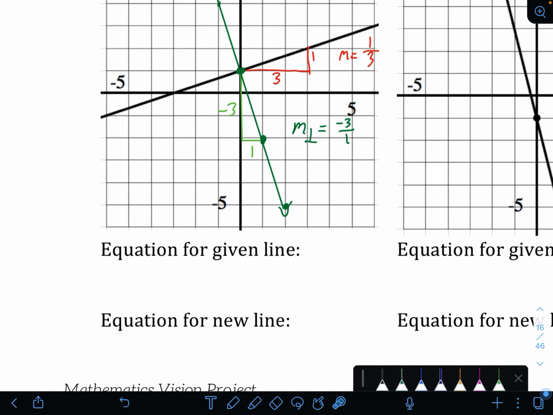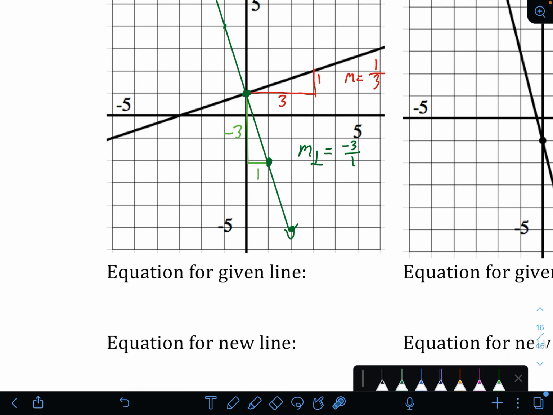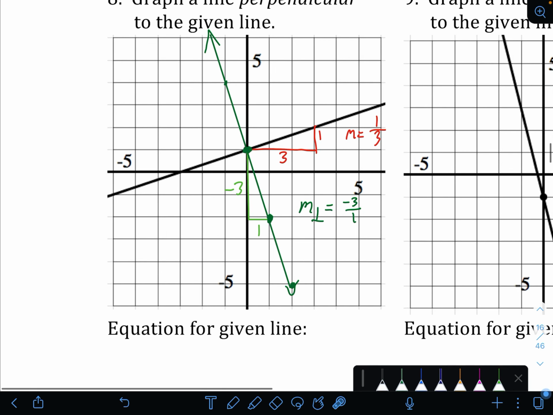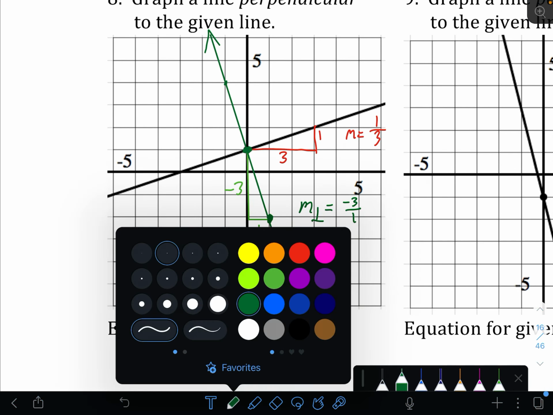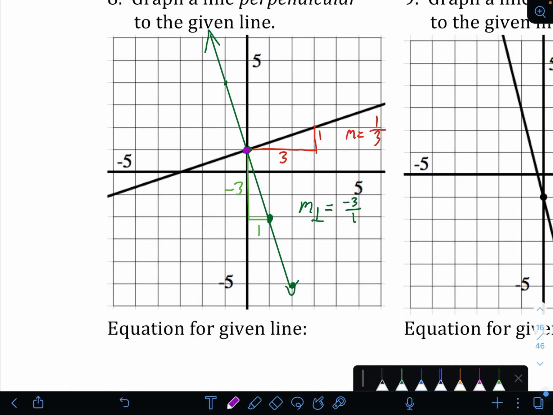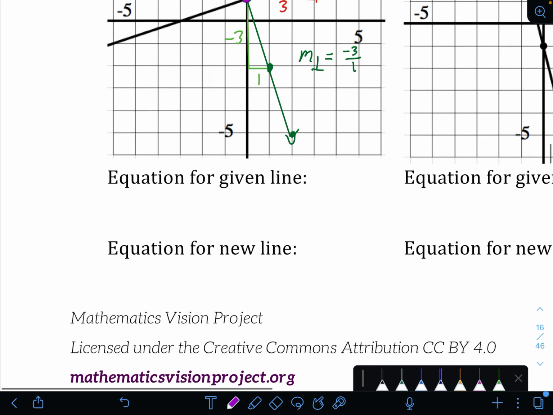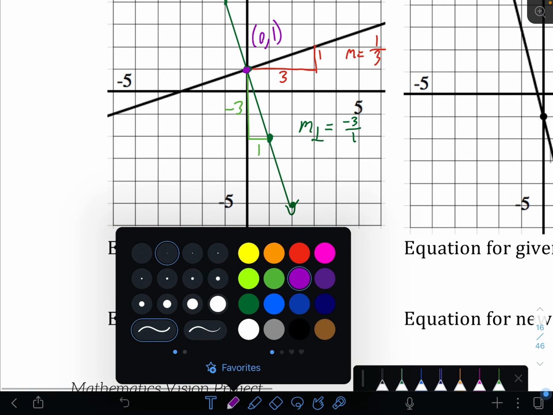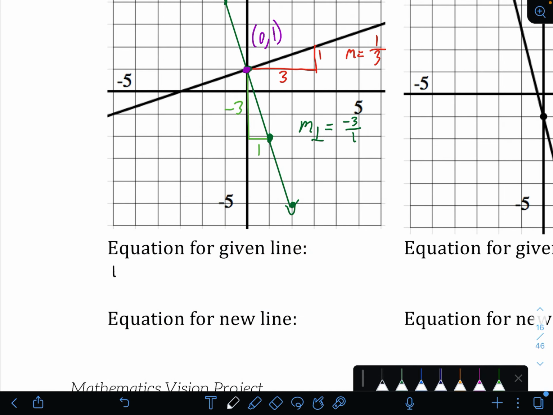All right. So let's go ahead and get the equations for these lines. Well, we already have the slopes. That's nice. We just need a point, and luckily for us, that point we already found. Since I used this point, we already got it. Let's just use it. 0, 1. All right. So our original line is black. Let me go ahead and use black to do that.